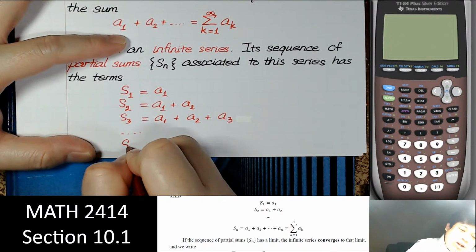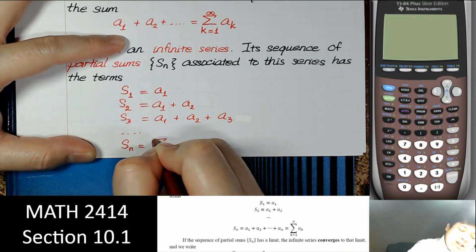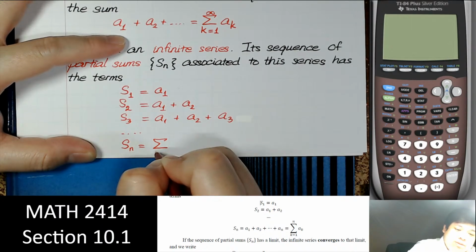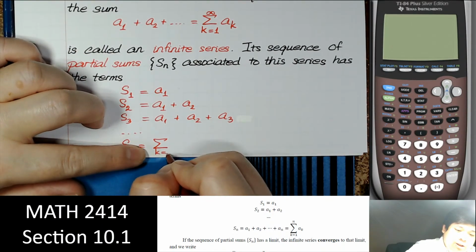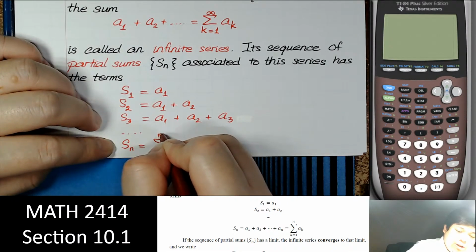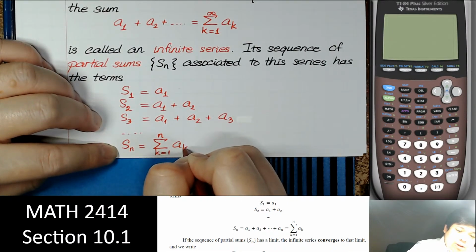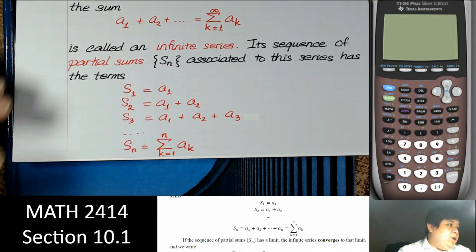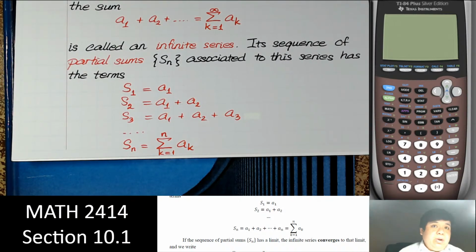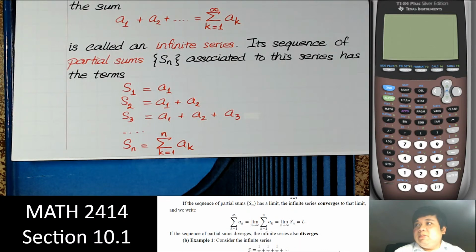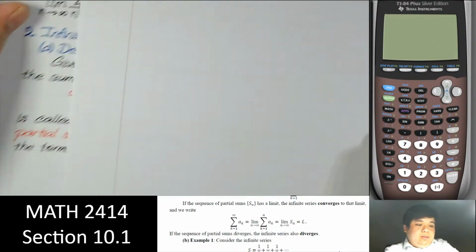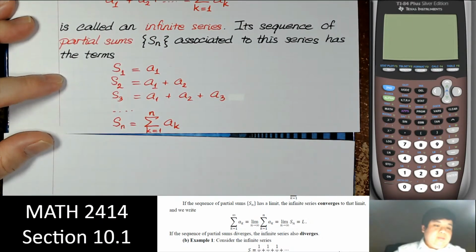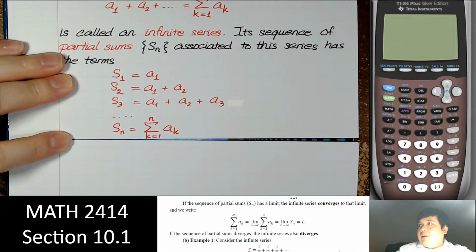So in that case, when we go to the S sub n, this is the sum of the first n terms. So a sequence is individual terms. A series is a sum from the first term to that particular term. Right.